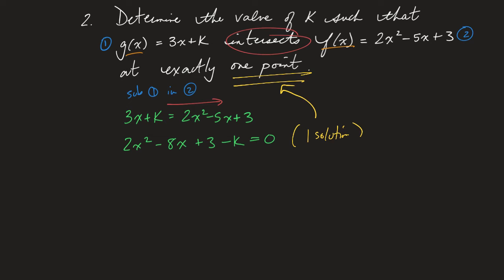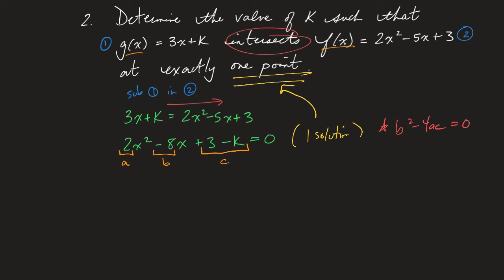And so here's where we have to draw back on, well, what do we know about the number of solutions? Well, I know that my discriminant is going to describe to me how many solutions I get. And if I only get one solution, then I know that my discriminant has to equal 0. So if I take a look back up, the 2 is my A value, the negative 8 is my B value, and since k represents just a missing number, 3 minus k is my entire C value.